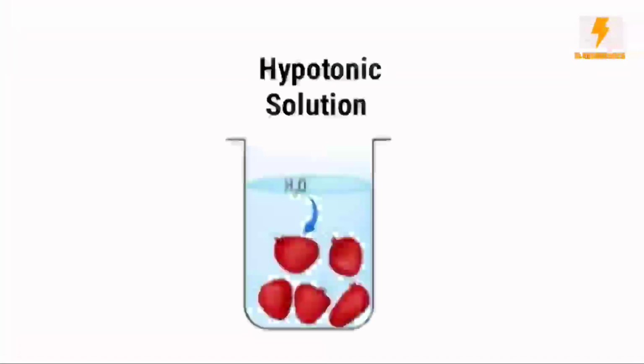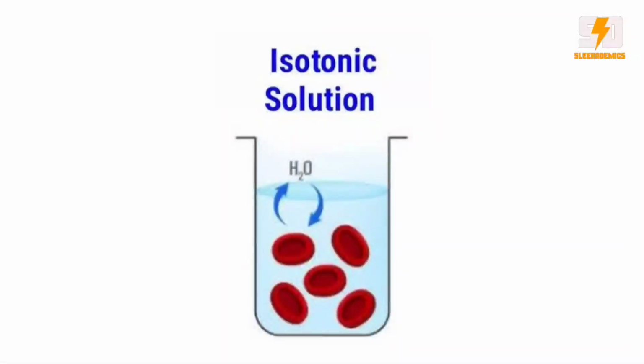A solution is said to be hypotonic when a cell of a living plant or animal is surrounded by a solution whose solute concentration is lower. Then water passes into the cell by osmosis. Also, isotonic. A solution is said to be isotonic if the solute concentration of the cell and its surrounding medium are of equal concentration.